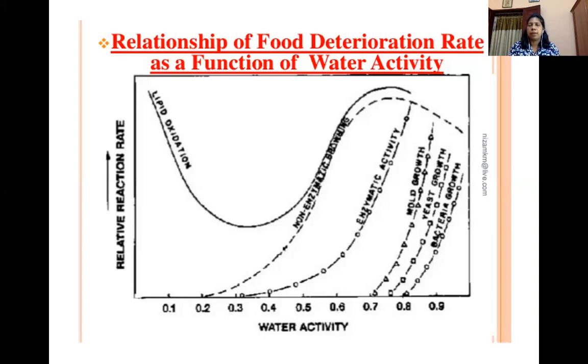We need not discuss it, because we can't say lipid oxidation is going on in that area, because the lipid is not prioritized in the food matrix at more than 0.8 water activity. That is the reason that line does not continue from 0.8 onwards, right?